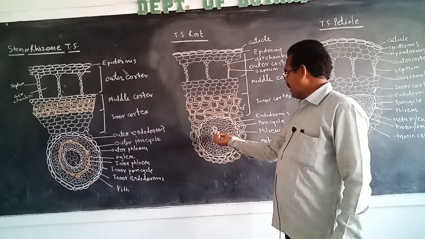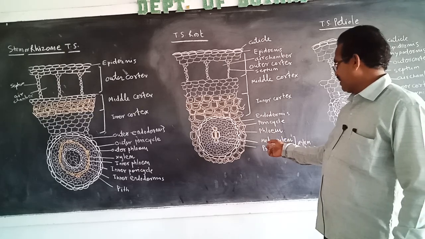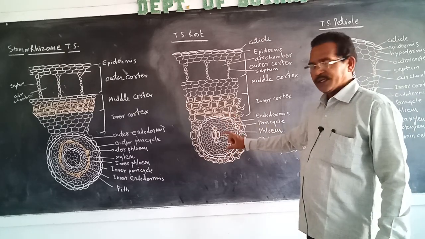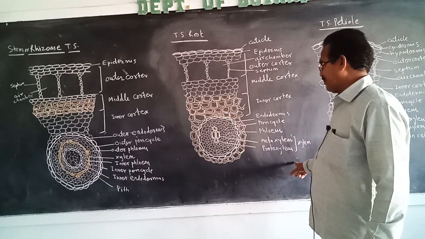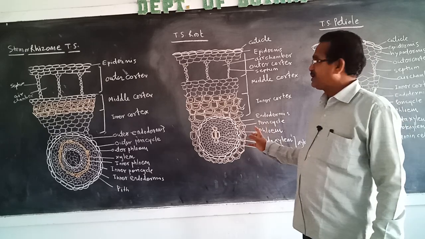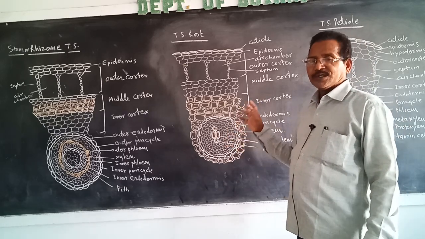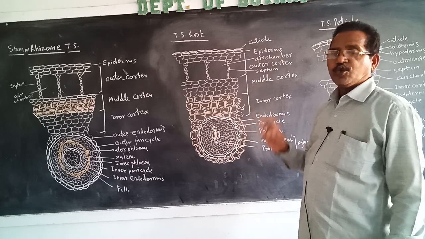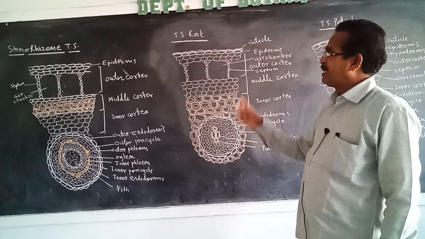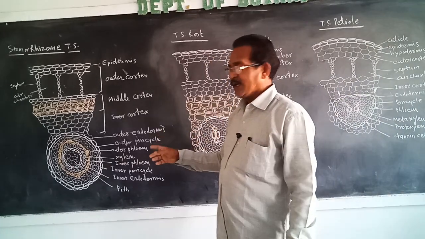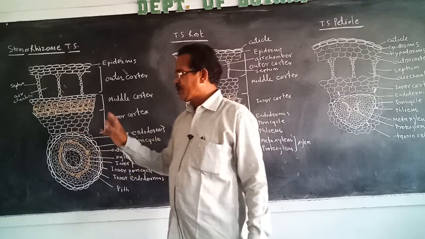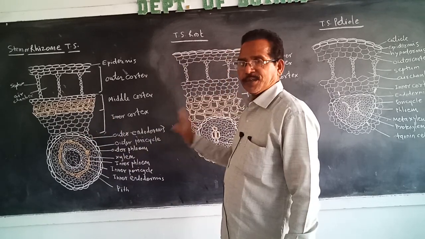Diarch means in the center metaxylem is present, and towards both ends there is protoxylem. So in the root, the vascular bundle is protostelic, while in the rhizome it is amphiphloic siphonostelic.